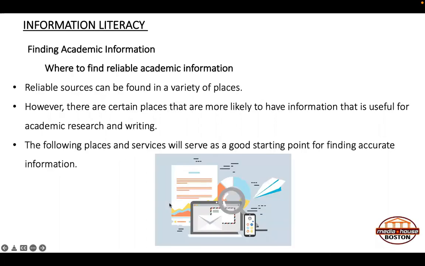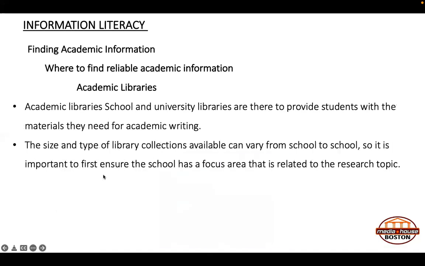Okay, let's continue. So we can find reliable information in many different places, but there are obviously certain places that are going to have more credible information that we can use for our research and our writing. So where can we find these places? The first place is an academic library, okay? So you will find your material that you can use for your writing.